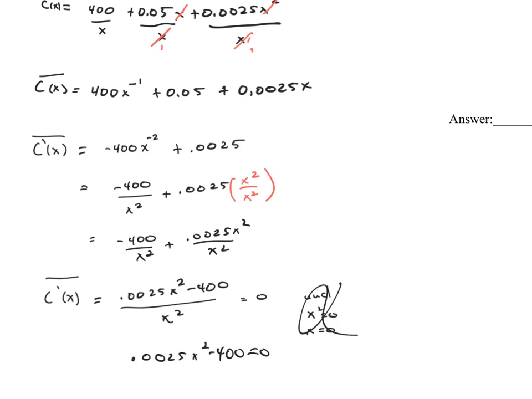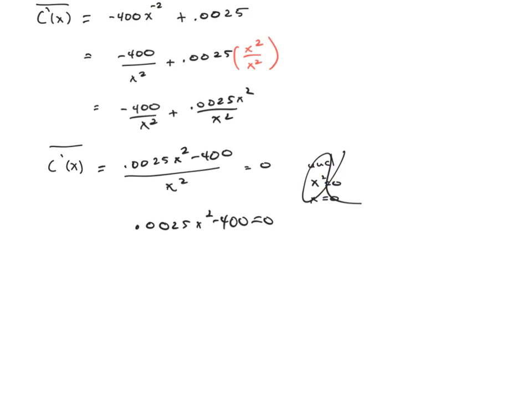I'm going to add 400 to both sides, and I end up with 0.0025x squared equals 400. I divide both sides by 0.0025, and I end up with x squared equals 400 divided by 0.0025. I'm getting 160,000.